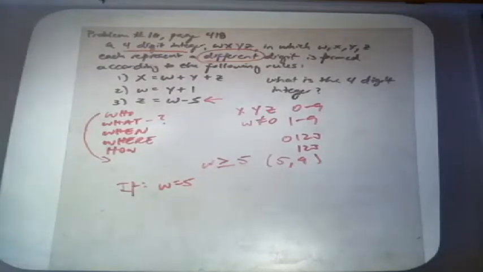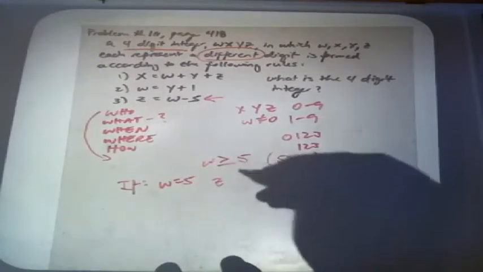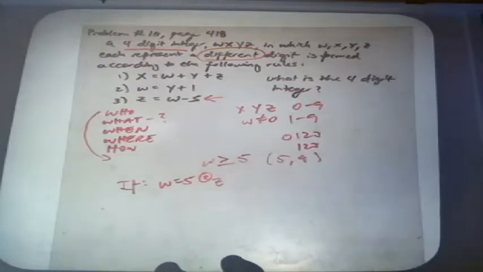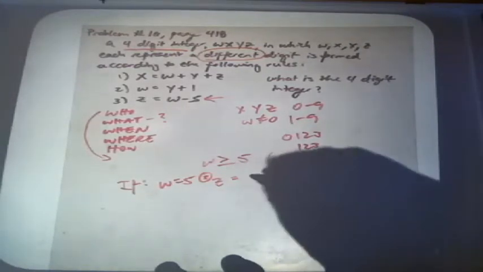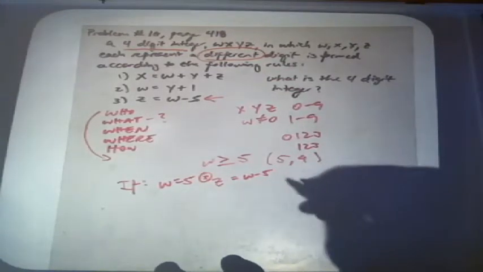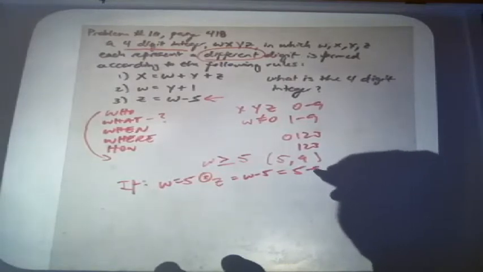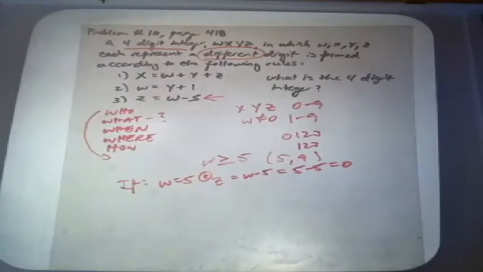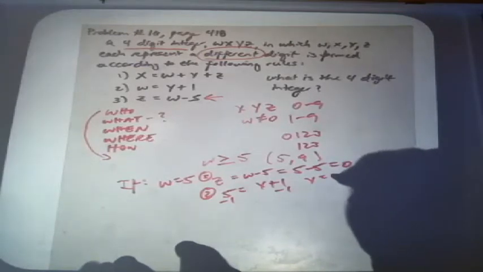Now if W is 5, then Z, according to equation 3, has to be equal to W minus 5. And if W is 5, then Z is 5 minus 5, and Z is 0. Okay, now let's look at equation 2. If W is 5, then 5 equals Y plus 1, and if we subtract 1 from both sides, Y is equal to 4.